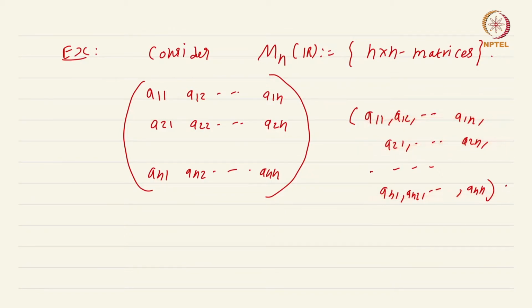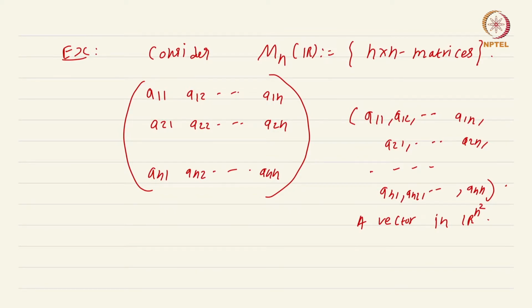Obviously you will get a vector in R^(n squared), which is an unambiguous way of saying it. So any n cross n square matrix over the real numbers can be viewed as a vector in R^(n squared).